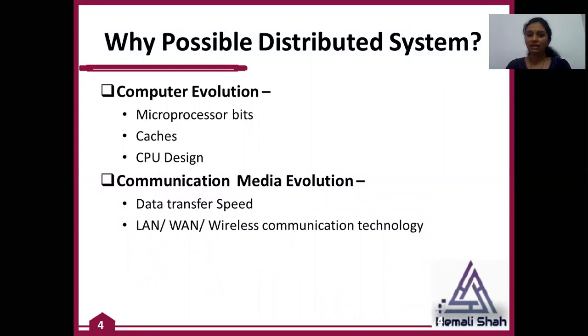Previously, in the 18th and 19th centuries, computers had processing power like 4-bit, 8-bit or 16-bit. Because the microprocessor bit processing increased, computers became faster.